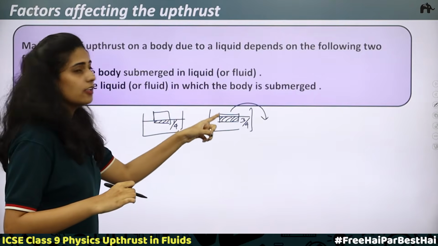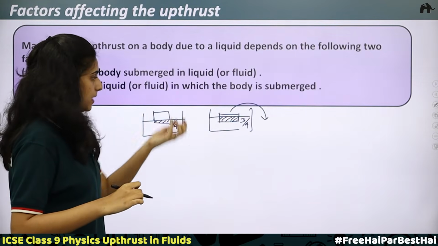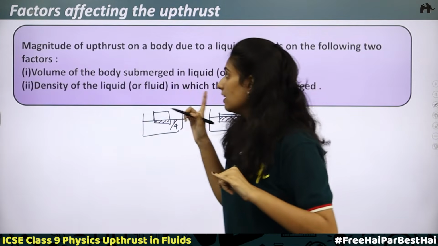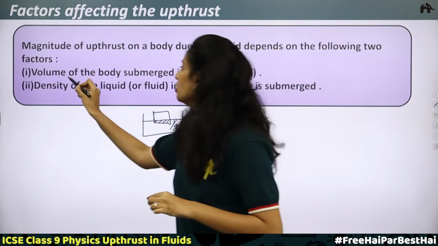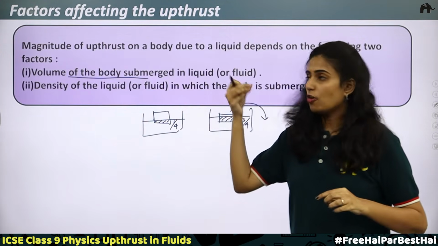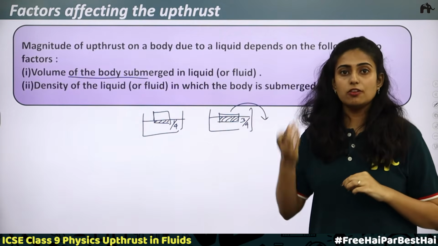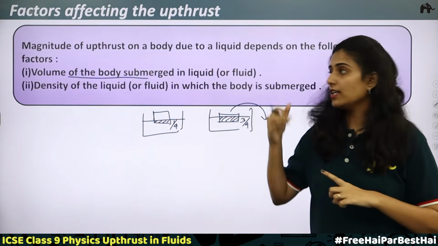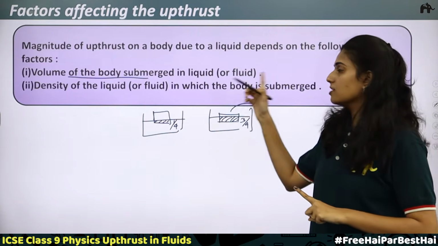So here the volume is greater, the weight of liquid displaced is greater, and therefore the buoyant force is greater. That is, one factor on which the buoyant force or upthrust depends is the volume of the body that is submerged. As the volume of body submerged increases, the volume of water displaced increases, the weight of the water displaced increases, and since the weight of the water displaced is equal to the buoyant force or upthrust, the upthrust also increases.